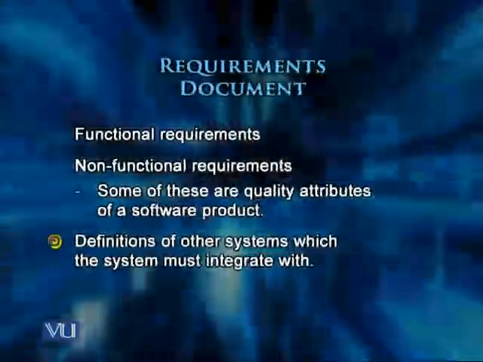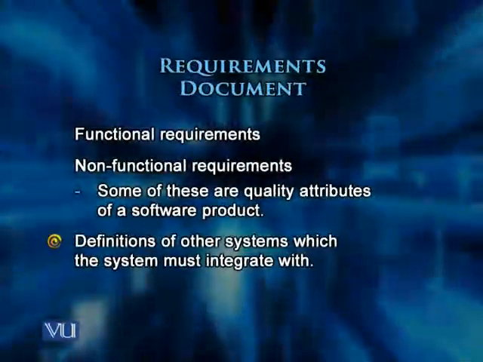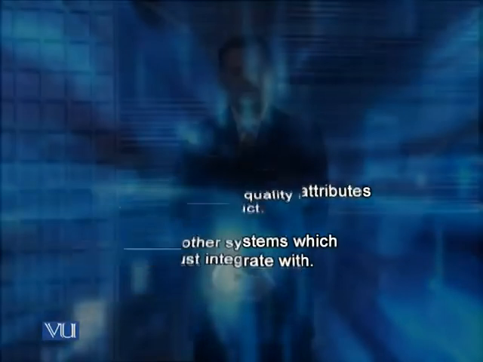The requirements document also contains definitions of other systems that this new software system will interact with or integrate with. There are two different things. The new software system can integrate with existing systems, or it can just interact with existing software systems.